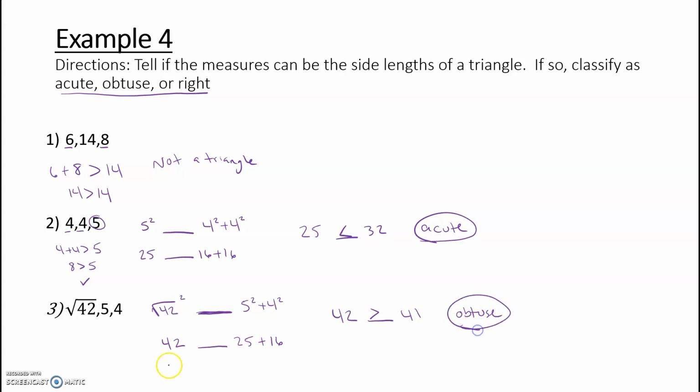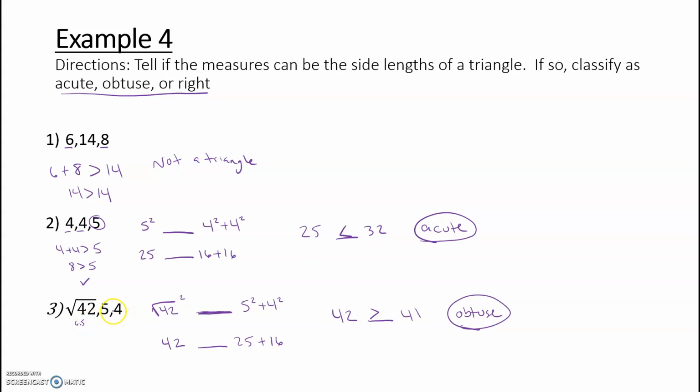And I totally forgot to check if this could be a triangle. Remember this was 6 point something? Let's see what it is exactly. The square root of 42 is 6.5-ish. Just so you have like a little thing to go on here. And then pick your two smallest sides.